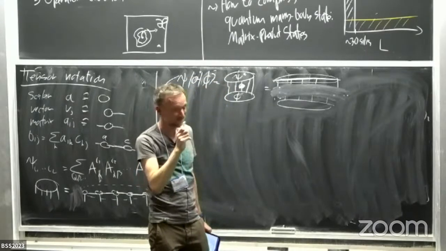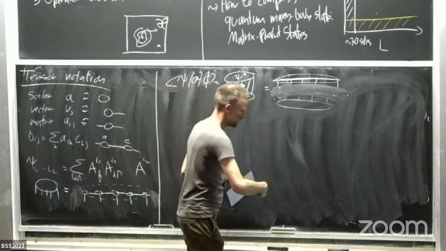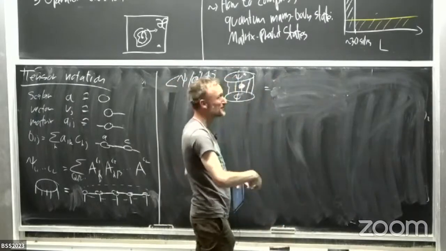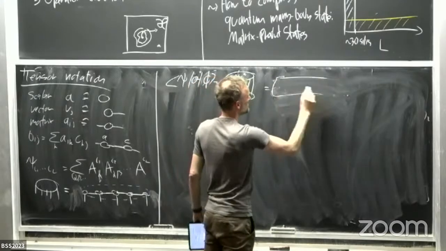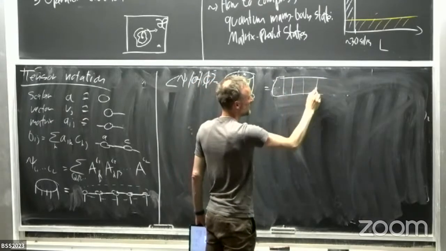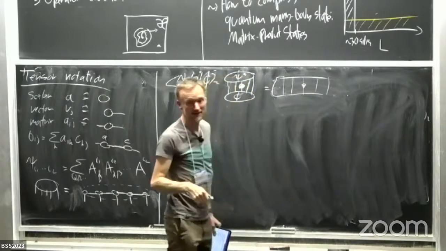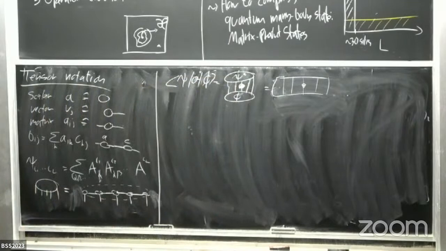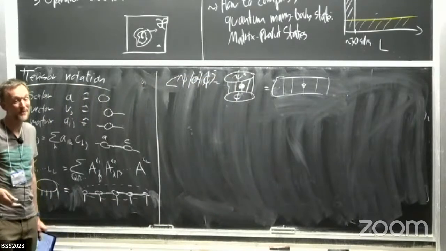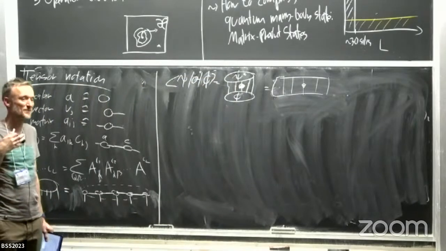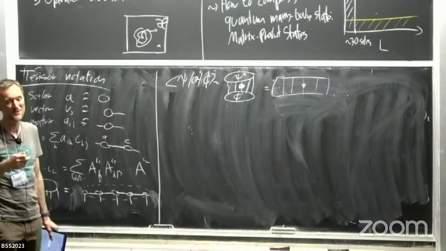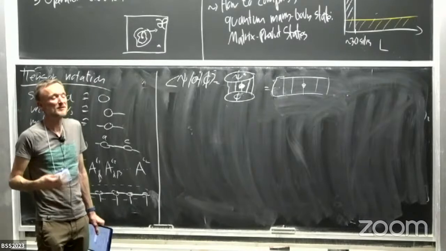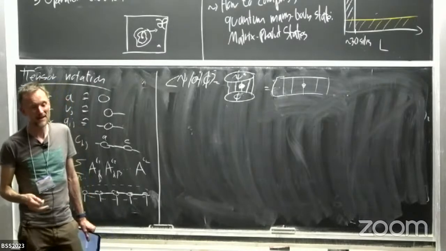So you have to be smart by doing these contractions in the right order. That's a subtle part, but it is quite important that you do it in this way to efficiently calculate observables. And if you go to 2D tensor networks, you see that this is no longer possible. In fact, you can prove that this is exponentially hard. So even if you have a very powerful friend who just gives you the solution of the 2D Hubbard model and gives you the tensor networks, you would still not be able to calculate any observable exactly.